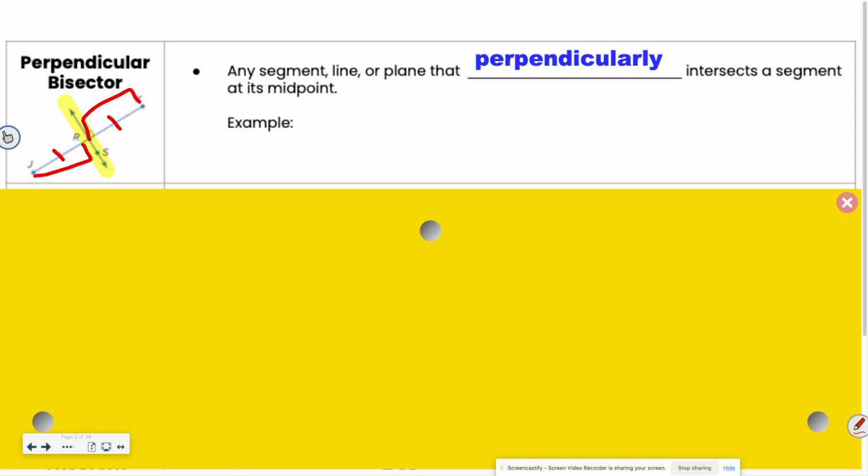So our example of a perpendicular bisector would be RS. And I know I kind of covered it up, but it is perpendicular. You guys see that little right angle box right there? So that's how we know it's perpendicular.